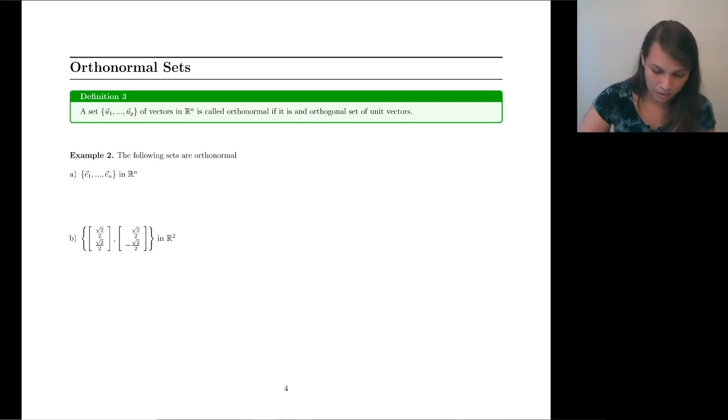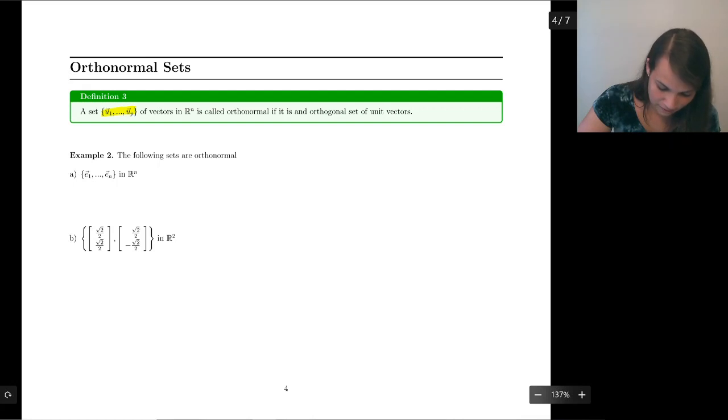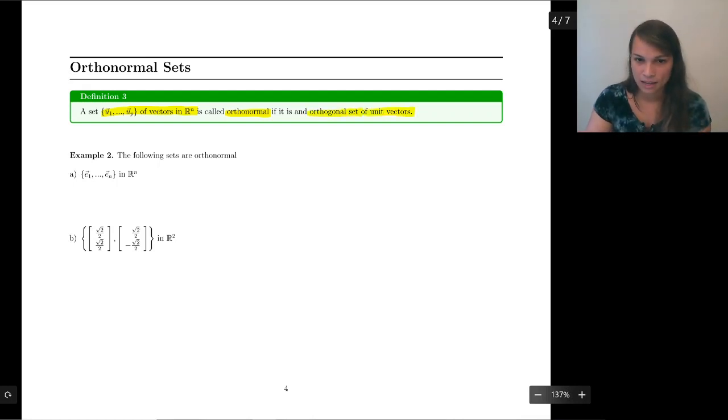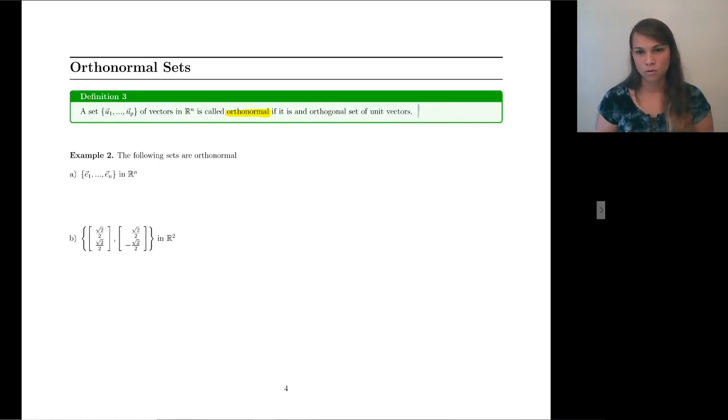We're going to say a set of vectors is orthonormal if it is an orthogonal set of unit vectors. So they have length 1 and they're all orthogonal to each other. We're going to call that orthonormal. I didn't bold that, and I apologize. There we go. It's called orthonormal.